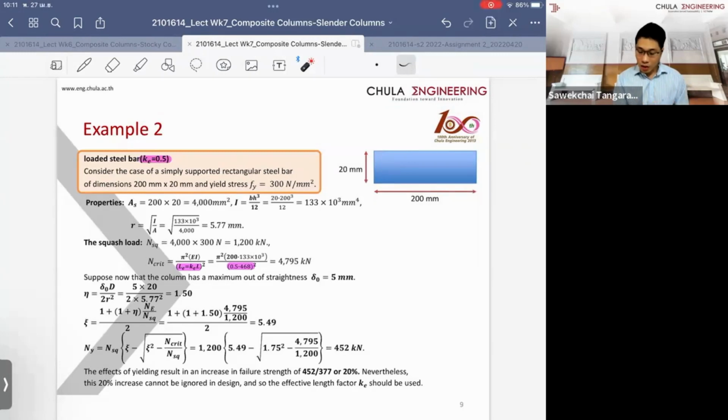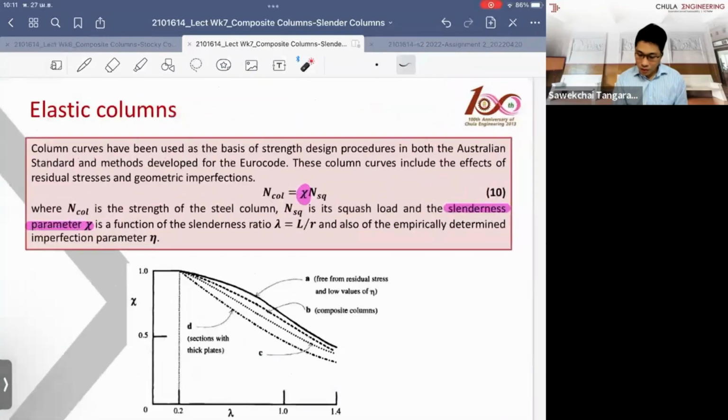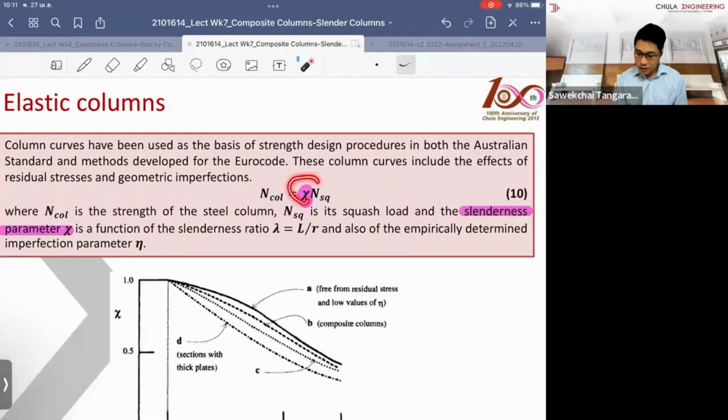And I talked about this. The factor we talk about is this factor here, which they call the slenderness parameter. The slenderness parameter sits between 0 and 1, and the maximum is 1, right? And the more slender the member, the smaller the factor becomes, because you are allowed to use less capacity. So you have to reduce the squash capacity more.